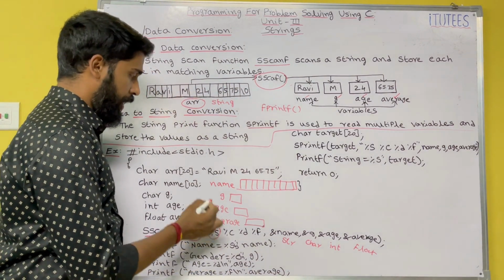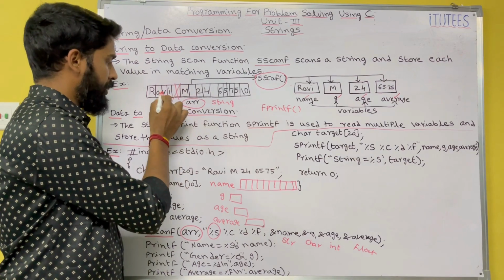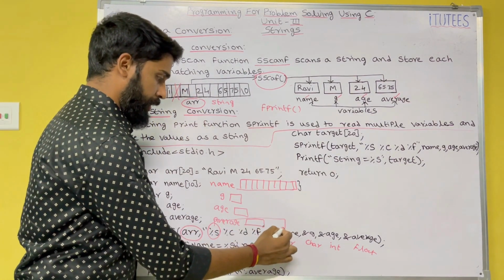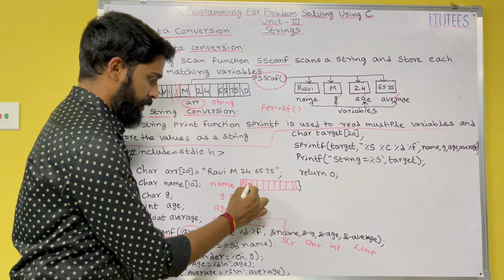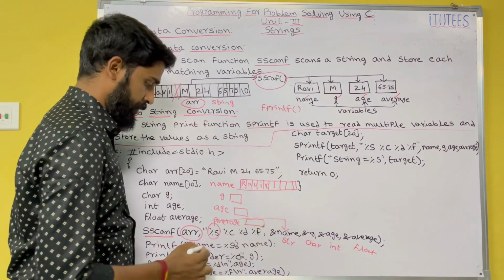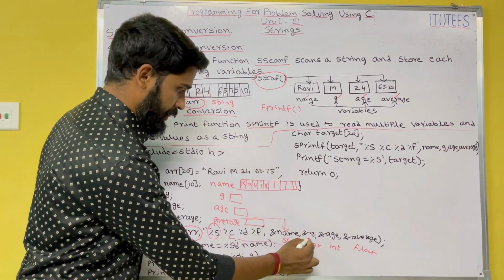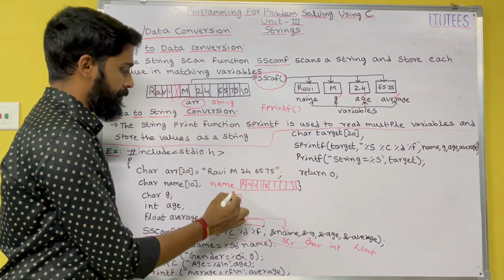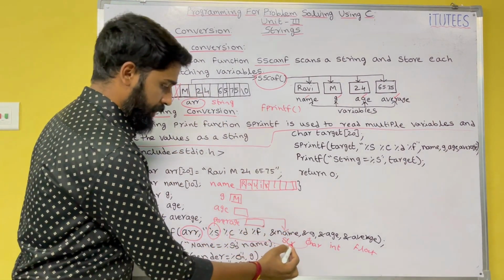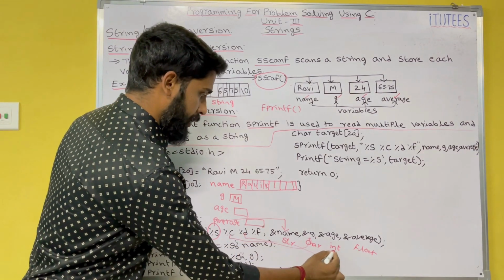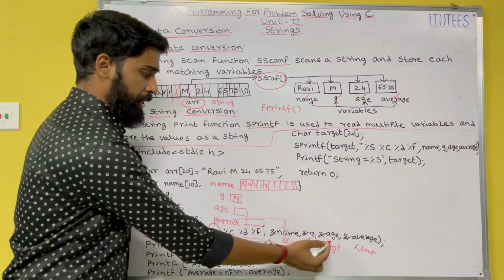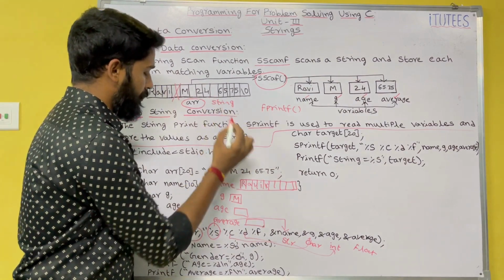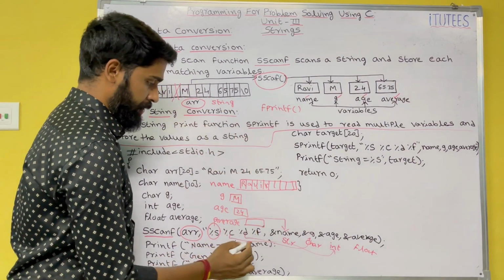The first part up to the space, Ravi, is stored in the name. Next, percentage c is stored in g, so it is m. Next, percentage d is an integer, so 24 is stored in s.